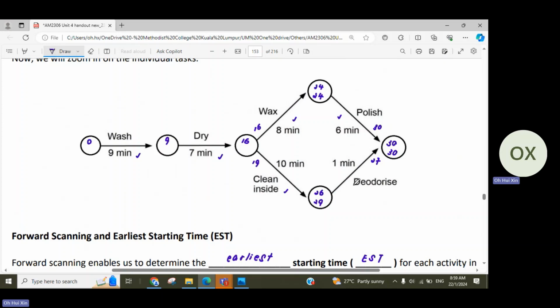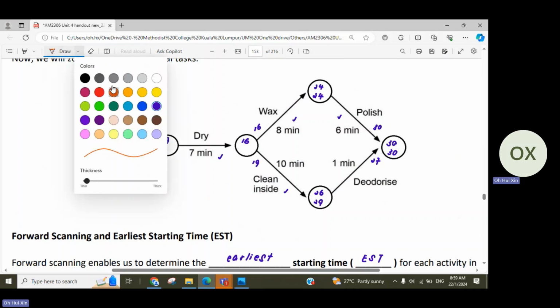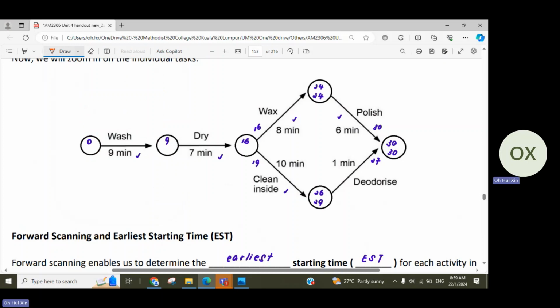Imagine the logic behind this. If I write 19 here, can I put 19 here? If I put 19 here, I need 10 minutes to finish cleaning inside, then I get 29, and 29 plus 1 is no issue. I can still finish the project in 30 minutes.